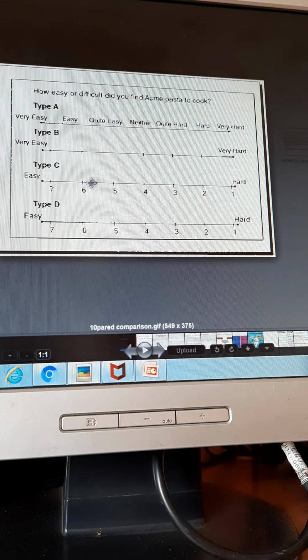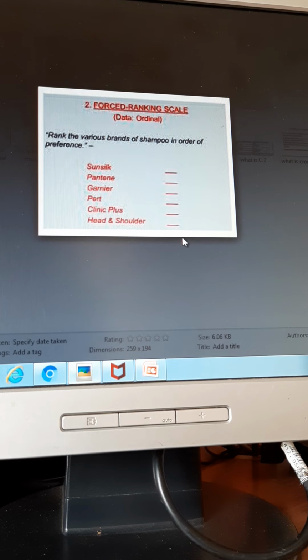Which is the most preferred food chain? Give 5 or 6 and then ask them to rank. So this is called the rank scale. Your remembering cue is rank. How do you rank students in the class? 1, 2, 3, 4. So this is a rank order scale.